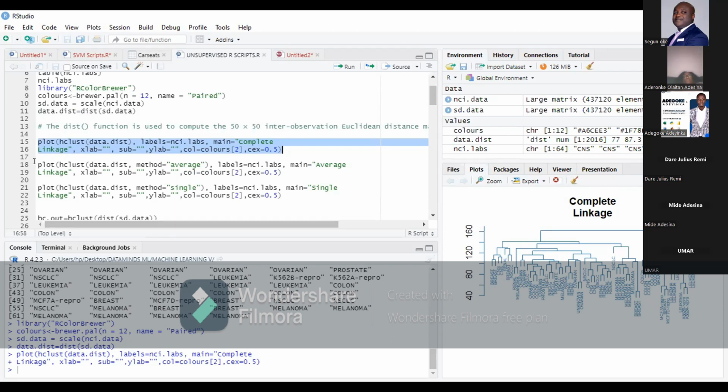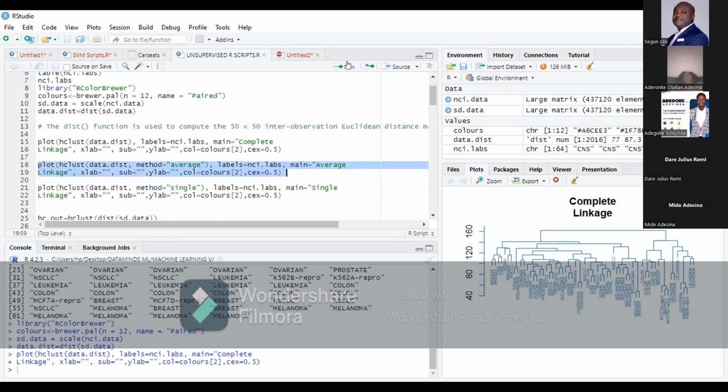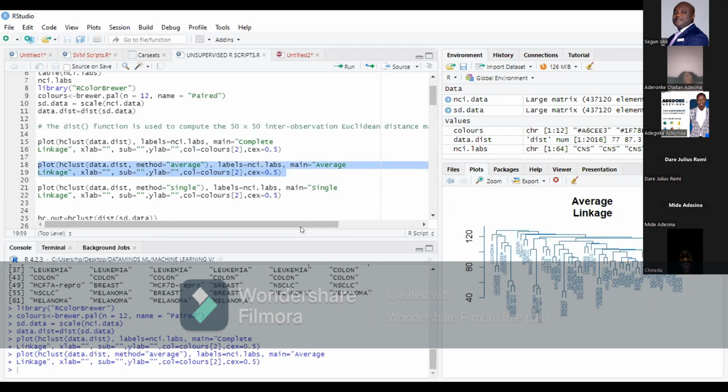But if you want to do average linkage, you have to include your method. That's why we have method here in lines 18 to 19. I can run it now for the average linkage. You can see what we have.